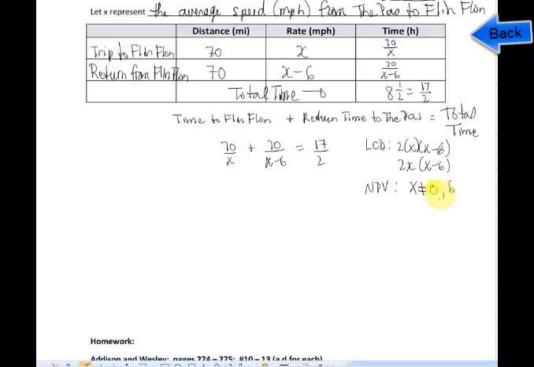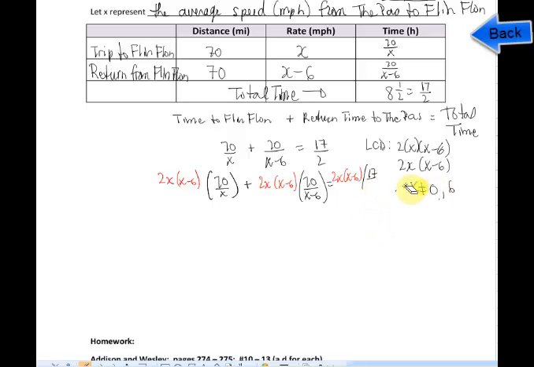Okay, so let's multiply the different parts of our equation, the left, the middle, and the right, by our LCD, which is 2x times x minus 6. And so we times 70 over x by that, and then 2x times x minus 6 times 70 over x minus 6 is equal to 2x times x minus 6 times 17 over 2.